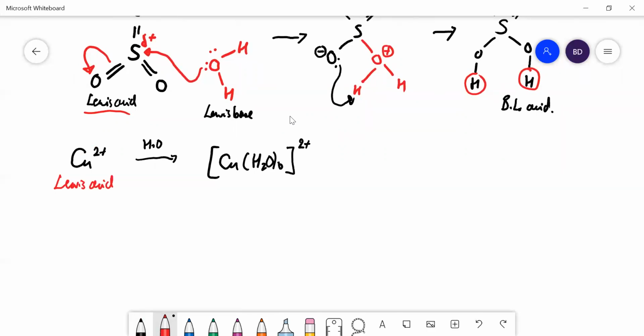The water is behaving as a Lewis base because it's giving away lone pairs. And then if you've done this topic, you'll see that this is actually a Bronsted-Lowry acid because of all those water molecules. Let's just draw one, forming a dative bond to the positive copper ion. That withdraws charge out of the water molecule, reduces electron density here, and so makes that proton, or one of those protons, acidic. So the copper hexaaqua ion is a Bronsted-Lowry acid. So once again, Lewis acid, add water to it, and you end up with a Bronsted-Lowry acid.